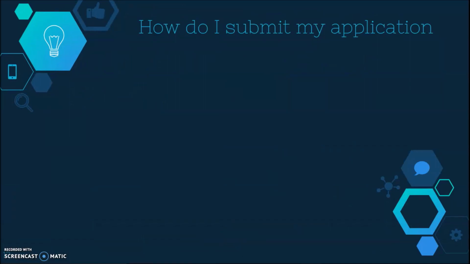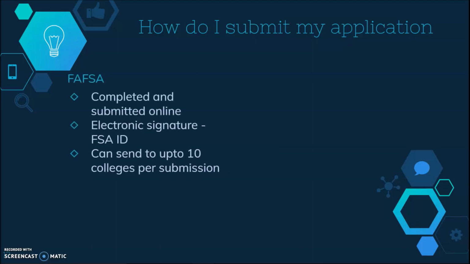One of the major differences between the FAFSA and TASFA is how they are completed and submitted. The FAFSA, or federal application, is completed online and signed with an electronic signature called an FSA ID. You can select up to 10 schools to send the FAFSA to during the first submission. If additional schools are needed, once the FAFSA has been processed, it can be amended to send to additional schools.